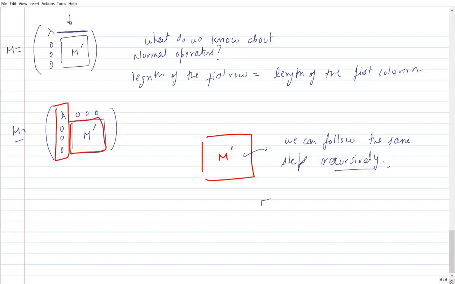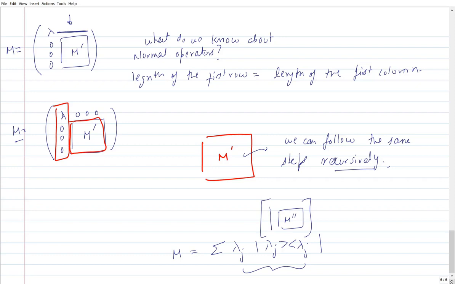And once again we'll break down M prime into something over here and M double prime, and that way we'll prove that a normal operator implies that I'll have these eigenvalues and the eigenvectors. So starting from the condition M dagger M equals M M dagger implies that there exists a spectral decomposition for all normal operators. This is going to be important for us, so it was nice to go through this sort of a proof.